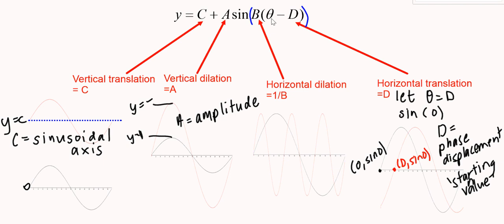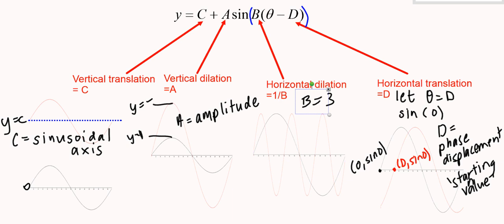If I were to put a factor of b in there, what that's saying is that you're going to complete that full cycle in less than 360 degrees. I'll tell you right now that this graph that I've drawn on here has b equals 3. That makes it a little bit clearer, because then you can tell what's going on more readily.